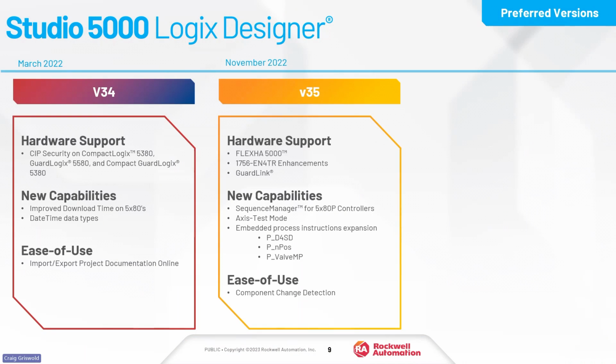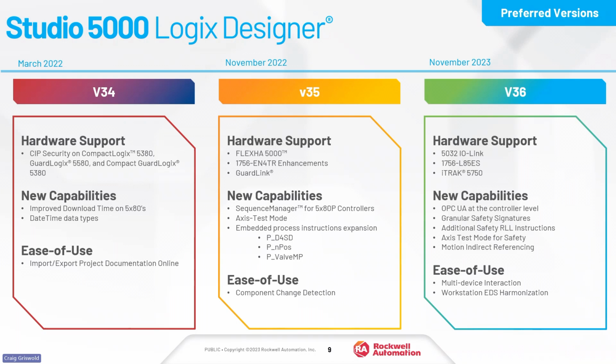As an overview, over the past few years: version 34 in March of 2022, the big thing was SIL security for the CompactGuardLogix, and improved download times for the ControlLogix and CompactLogix via FactoryTalk Linx.